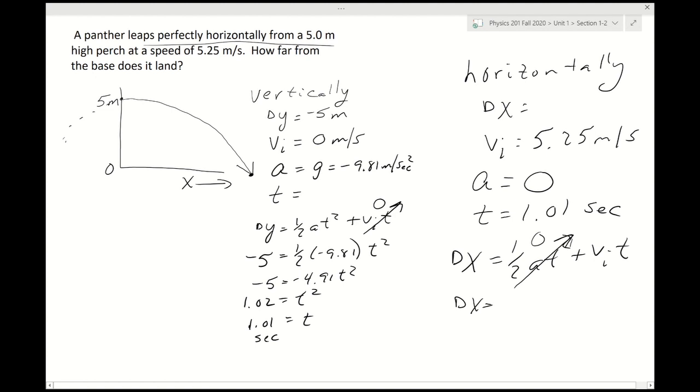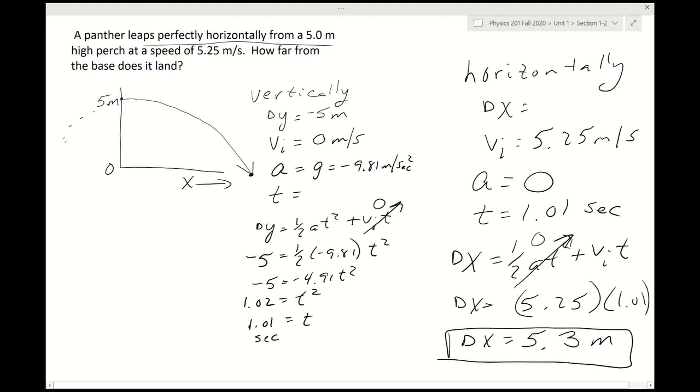So delta x is simply a speed, which is 5.25 times the time, 1.01, which gives us a horizontal displacement of about 5.3 meters. We have two decimal places, or two significant figures, for the height of the perch, so we would want two significant figures for the displacement, how far it went horizontally.